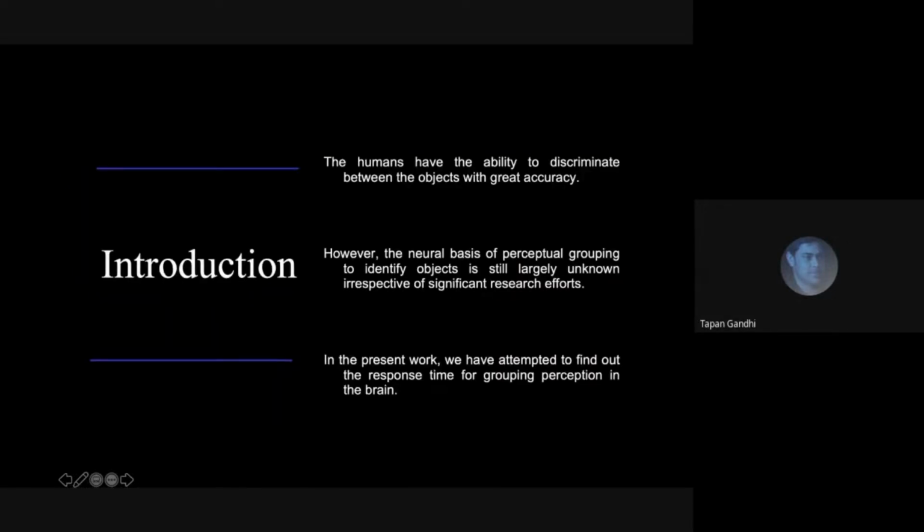Here I've written that humans have the ability to discriminate between objects with great accuracy. However, the neural basis of perceptual grouping to identify objects is still largely unknown, irrespective of significant research effort.